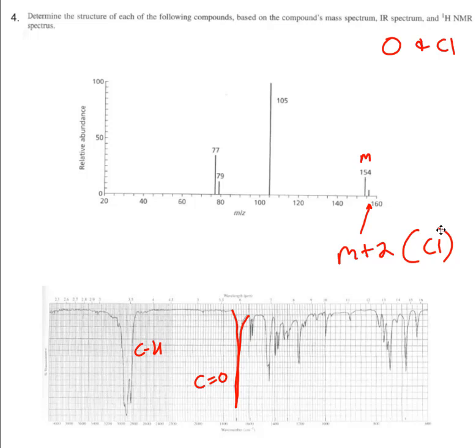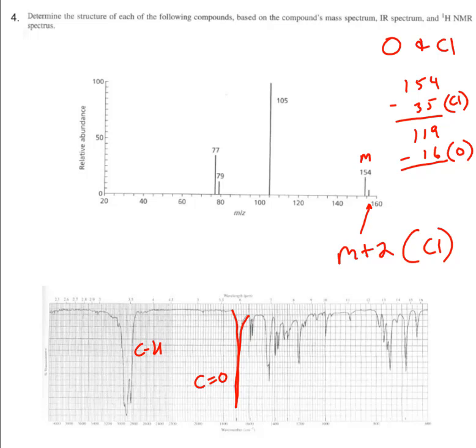So from this formula, 154, let's get those out. So remember, a Cl is 35, right? So 154 minus 35 is 119, okay? And from here, now let's minus out 16 for the oxygen, because we know there's an oxygen.